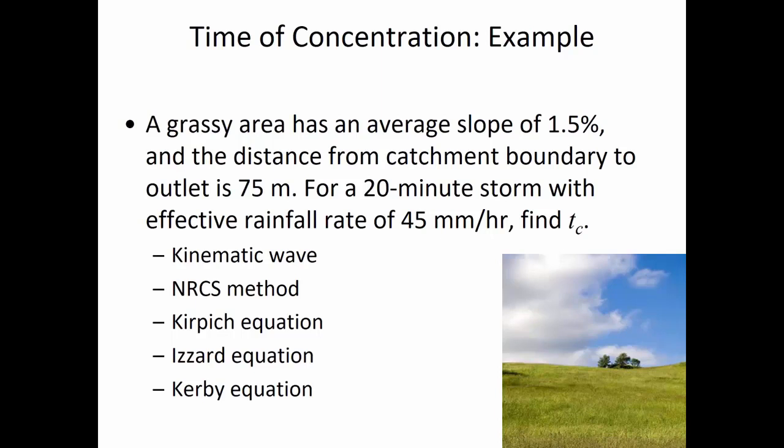All right, so first one, kinematic wave. The formula for kinematic wave, T sub C is 6.99 N times L to the 0.6 power, over intensity to the 0.4 power, and then slope to the 0.3.